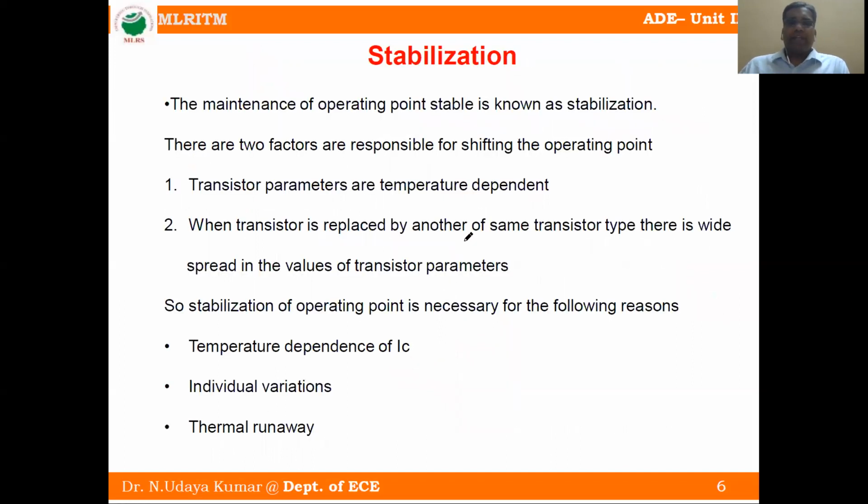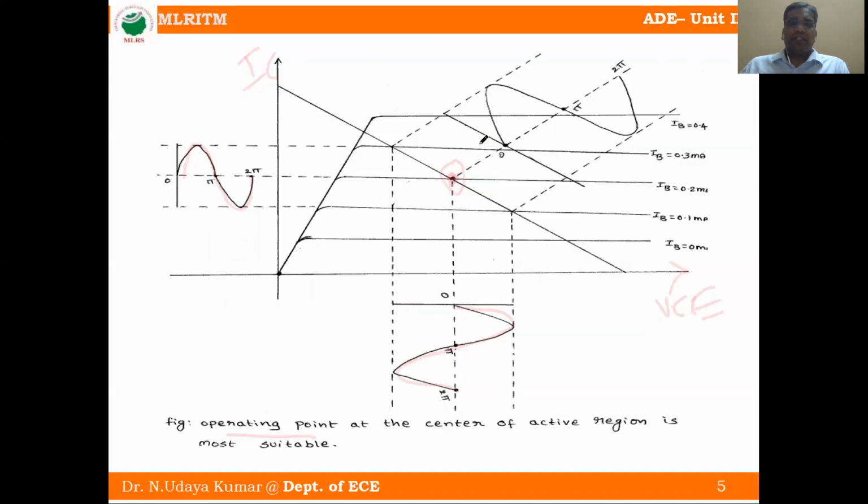So what do you mean by stabilization? The maintenance of the operating point is known as stabilization. So by varying the VCE, we want to put this IC value at different points in the active region only.